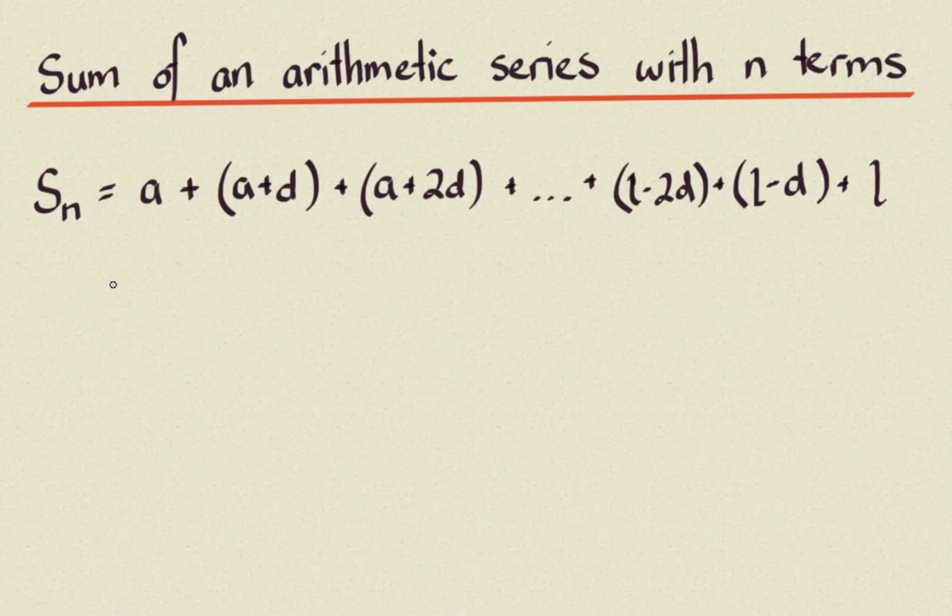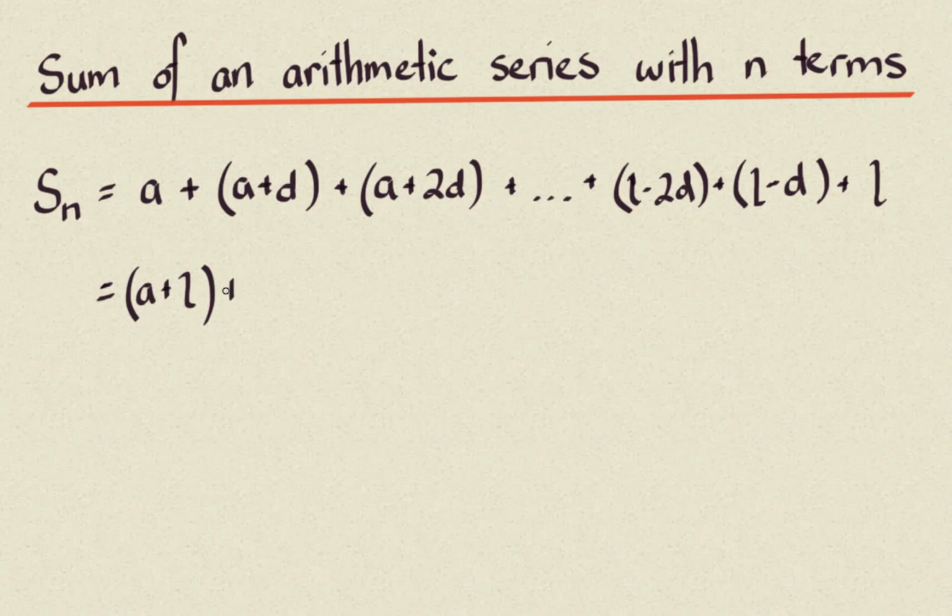And so now let's apply the commutative property that we talked about earlier, where we start to switch around the terms when we add them. So we have the first and the last term added together.